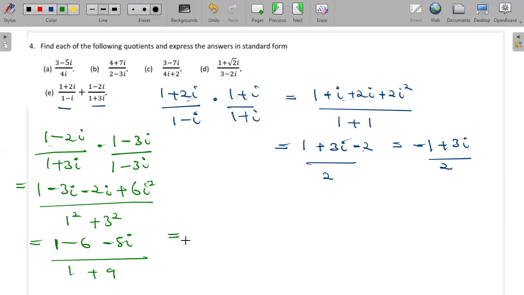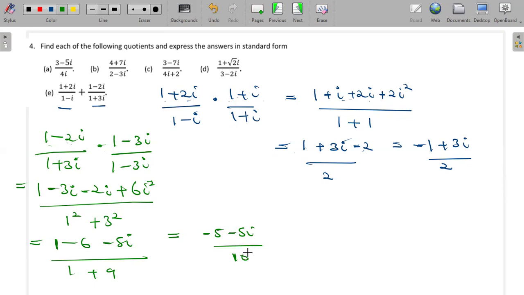So when you subtract 1 minus 6, that gives you negative 5, minus 5i, then over 10.